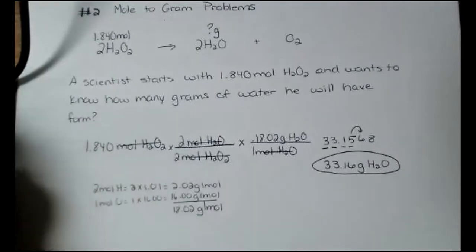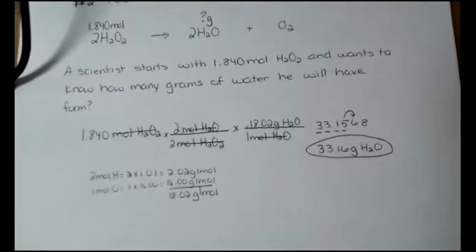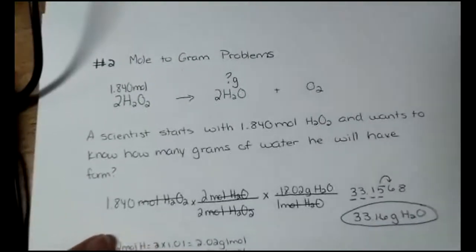Okay, so right now you may be a little frustrated already, going, I have no idea how she did that. So I'm going to show you a quick little skeleton when working these types of problems. So back to mole problem type 1, we learned that you take your given, which was in moles, and then you do your mole to mole ratio.